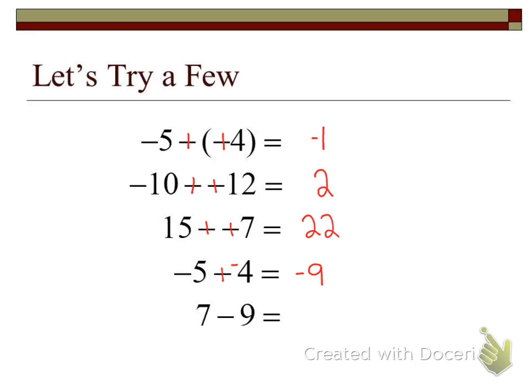They're both negative, so my answer will be negative. And then lastly, I have 7 minus 9. I have one subtraction sign, so I'm going to change this to 7 plus negative 9. The difference between these numbers is 2. 9 is bigger, 9 is negative, so my answer will be negative.